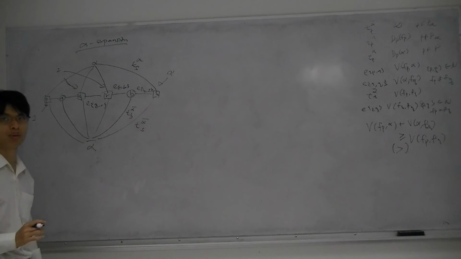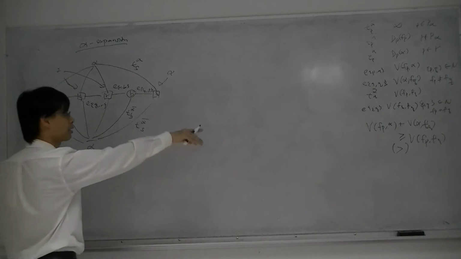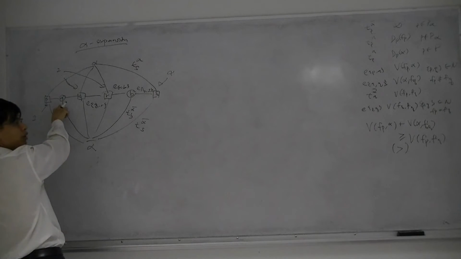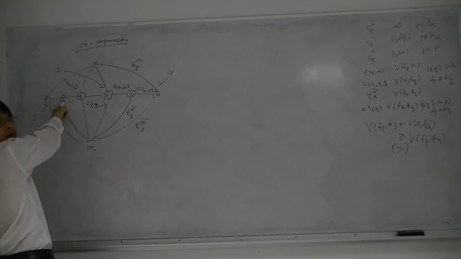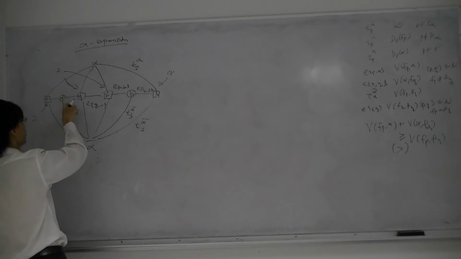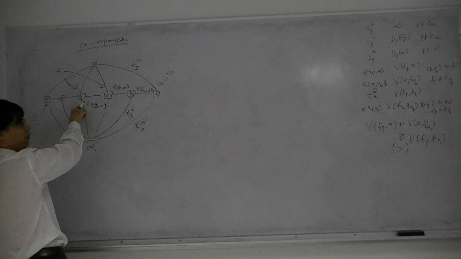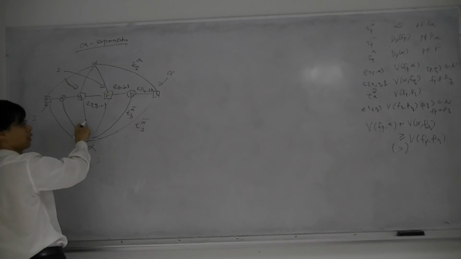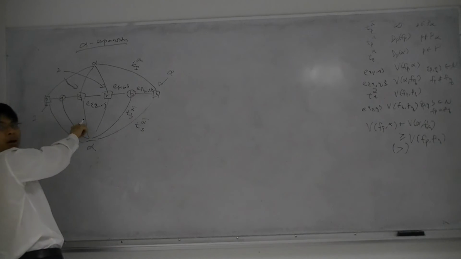So now what you see is, what are these edges here? This is the EPA, right? EPA corresponds to V FP alpha. This is EAQ, like V alpha FQ. This is basically the V FP FQ.